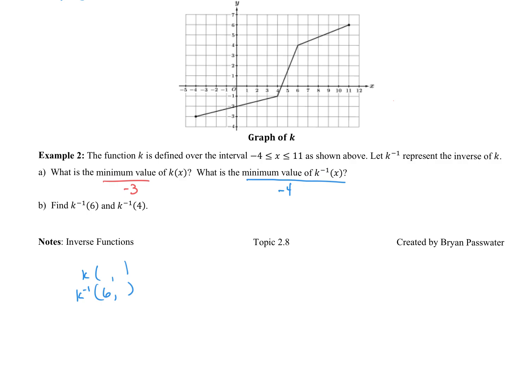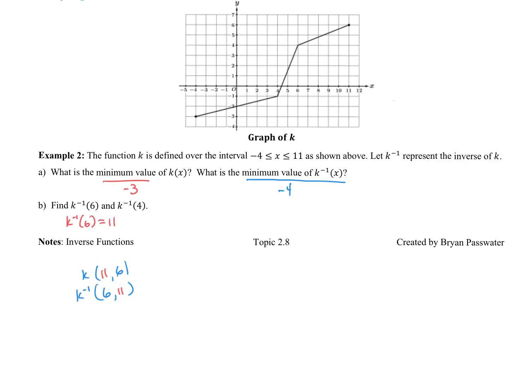And so the y value of k will be 6. Yes? And so when I look at this graphically, I'm looking at k, and the y value is 6. So when is the y value 6? At what? 11. All right? And so k inverse of 6 is actually 11.